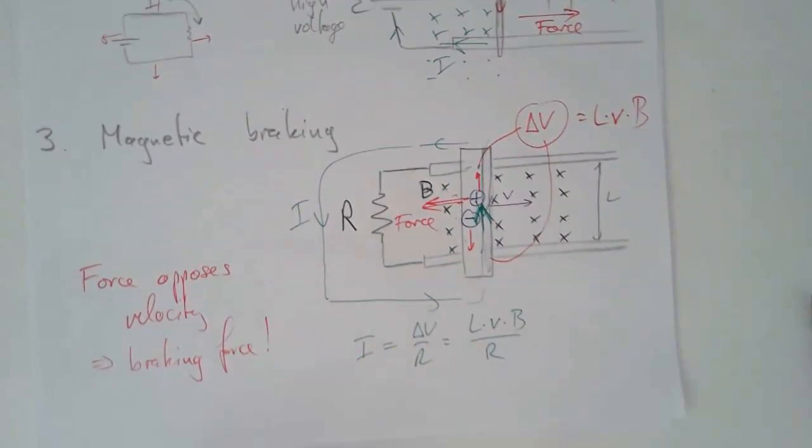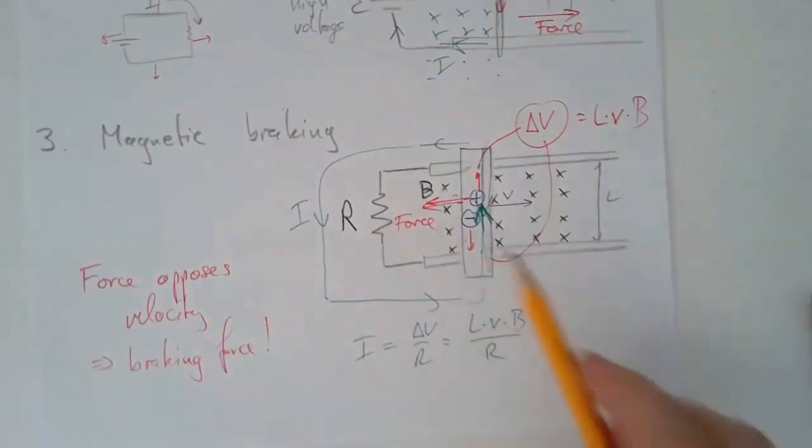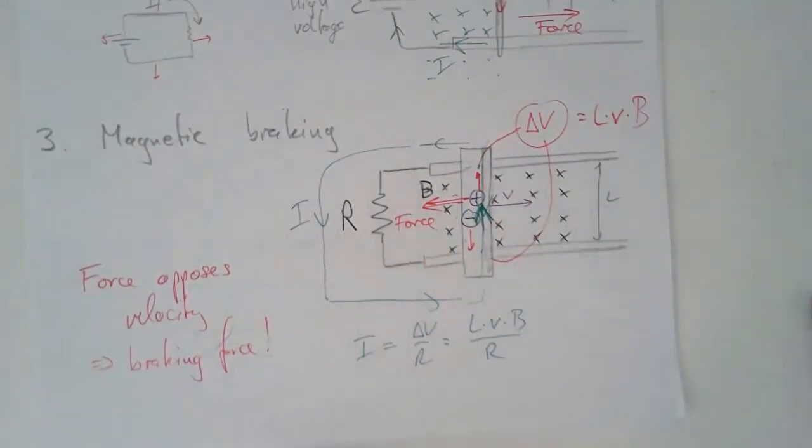Magnetic braking is used. For example, you can use it to, say, brake trains. The setup would be somewhat different, but one nice thing is you can make this work so that you get magnetic braking without actually having to make contact with something that rubs against something else. So you can brake something without friction, which means it's not going to wear out, unlike the brakes in your car, say.